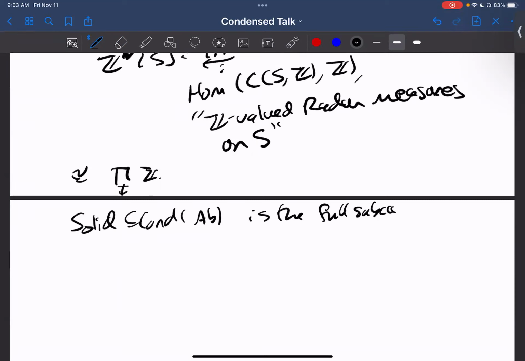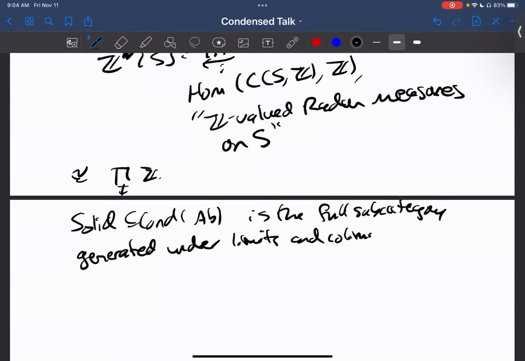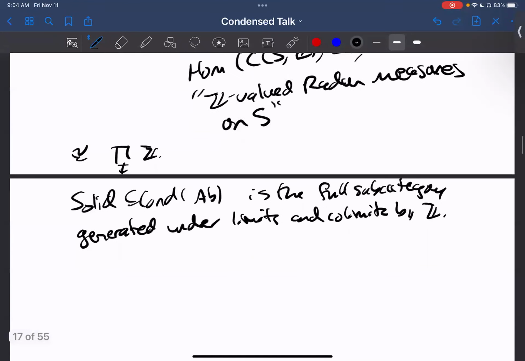It's the smallest full subcategory generated under limits and colimits by Z. There are some nice properties you can talk about with solidifying certain objects, and we're going to mention one or two of these later.